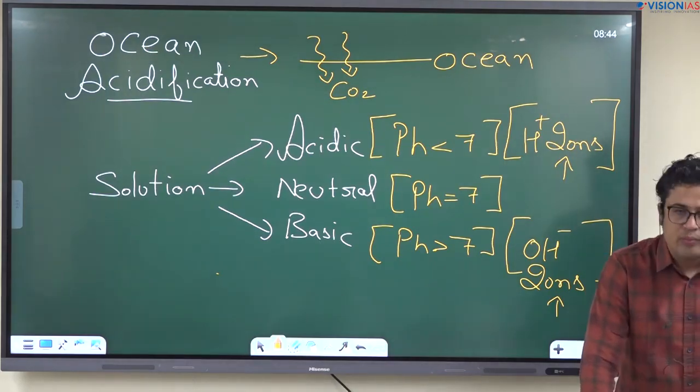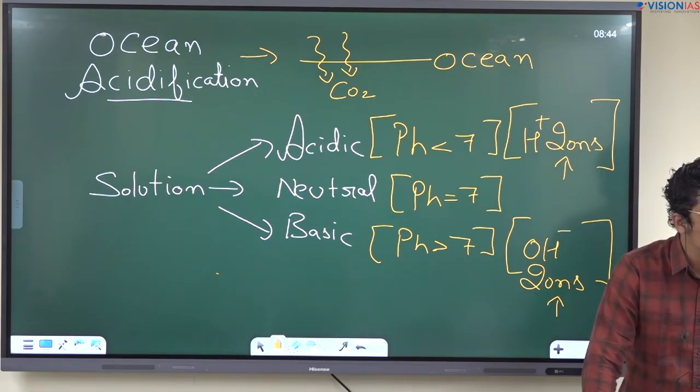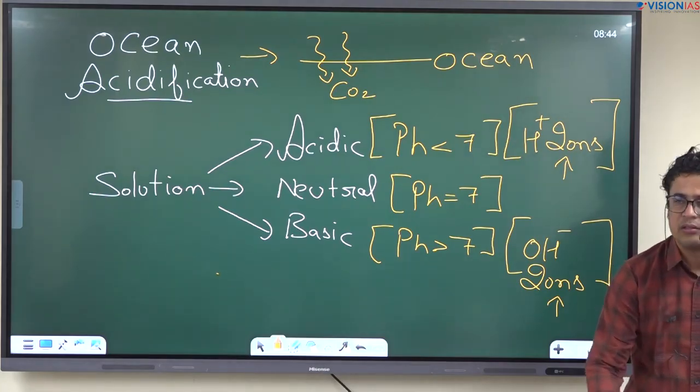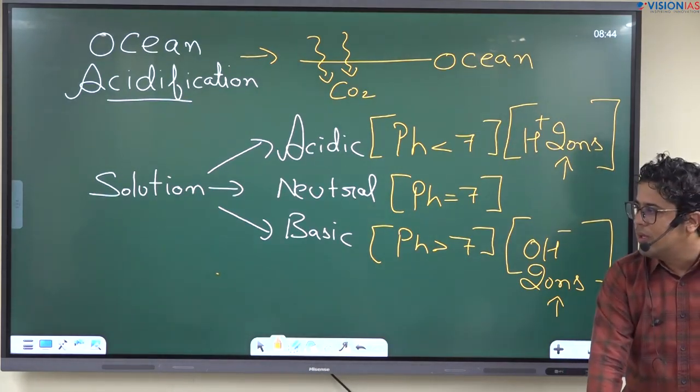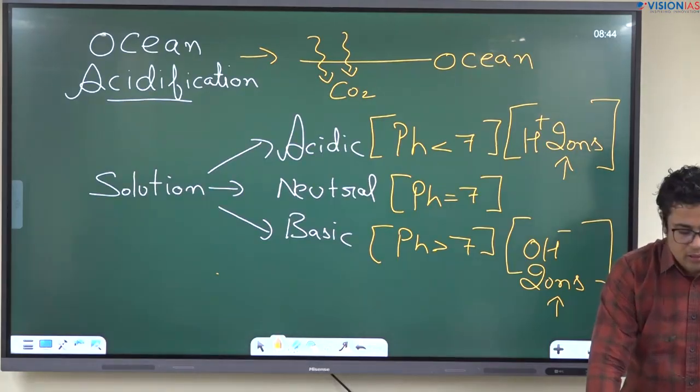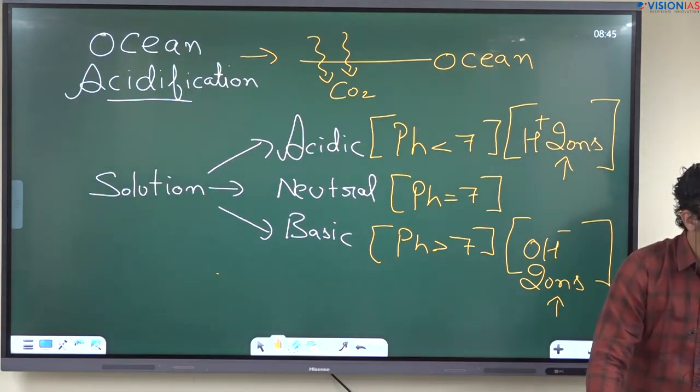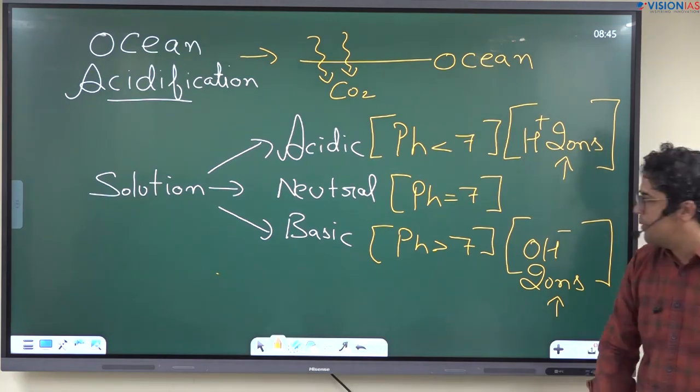More CO2 in the atmosphere means more CO2 in the ocean. The more CO2 we release, the ocean will absorb more and more CO2 and will become acidic. What problem will it lead to? If the ocean becomes acidic, what will happen?